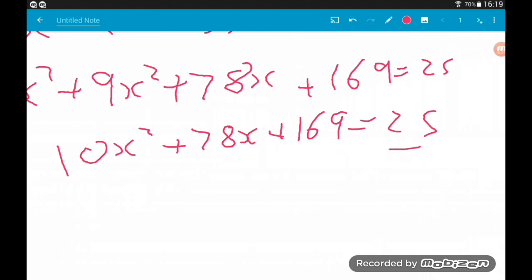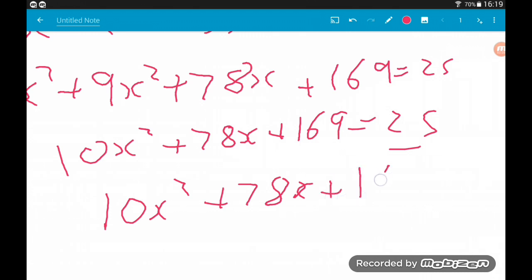So if we do that, we're going to get left with 10x squared add 78x, and then 169, take away 25 is 144. And that's now equal to 0.